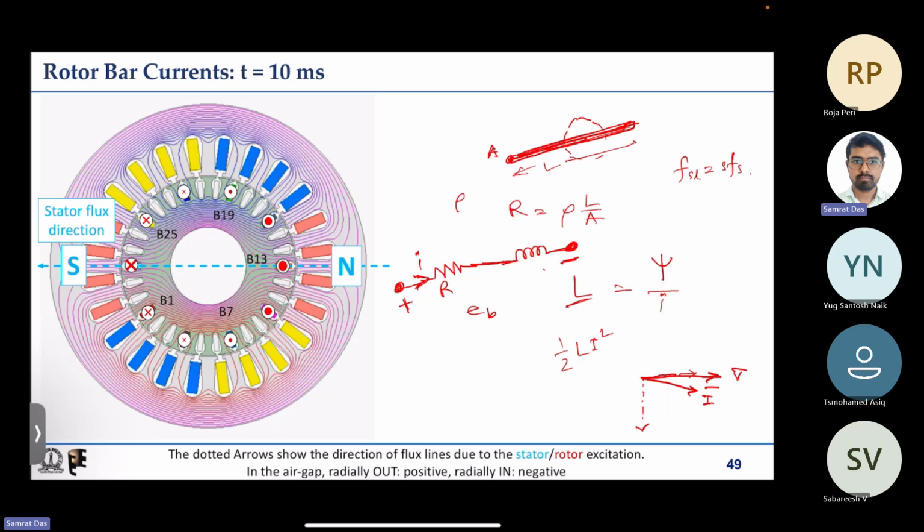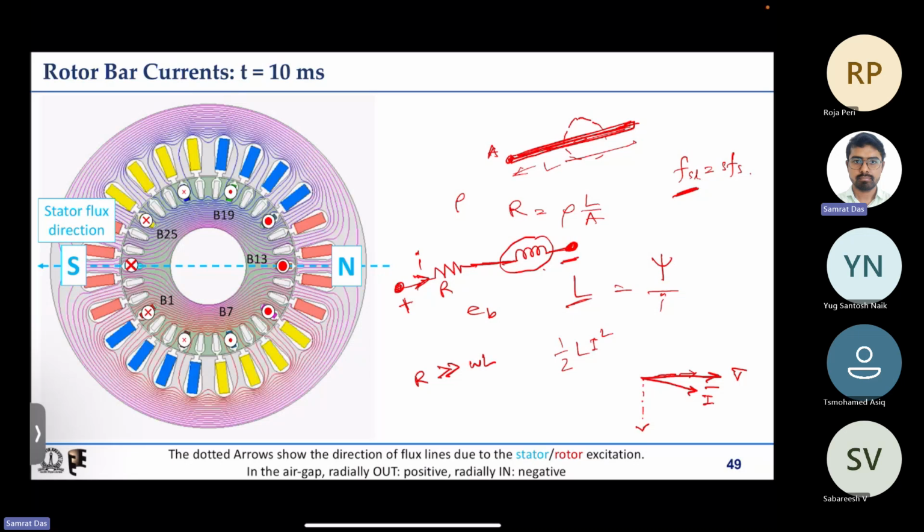For typical cases, this slip frequency is actually very low, even lower than 1 hertz. So for all these cases, the inductive impedance is very low, so the resistance dominates over the inductance. Resistance is very high compared to inductance.